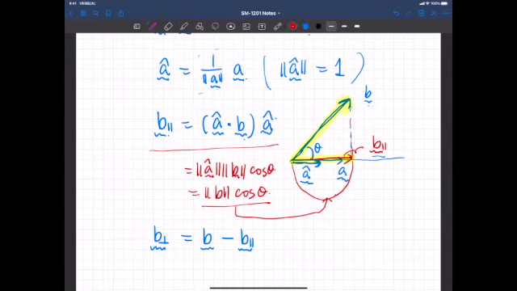Starting from here, we go here, minus B parallel and plus B. The resulting vector is this, from here to here.